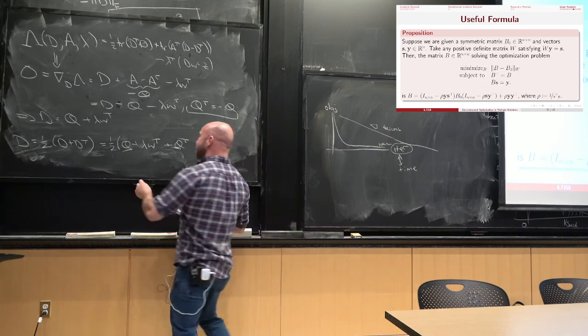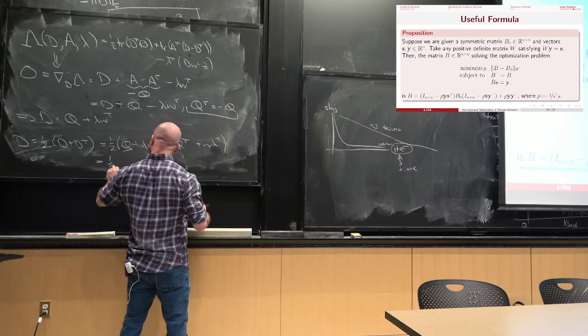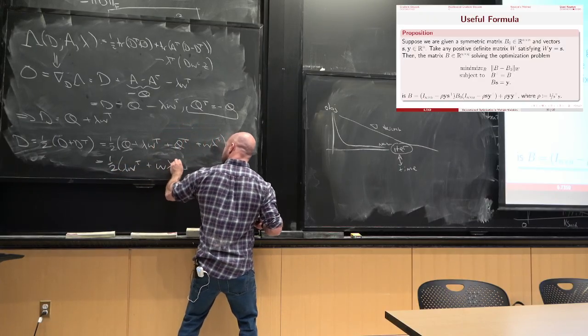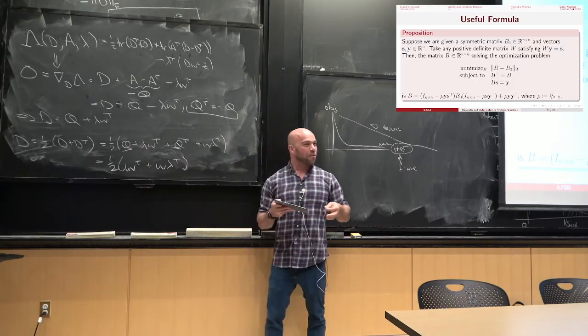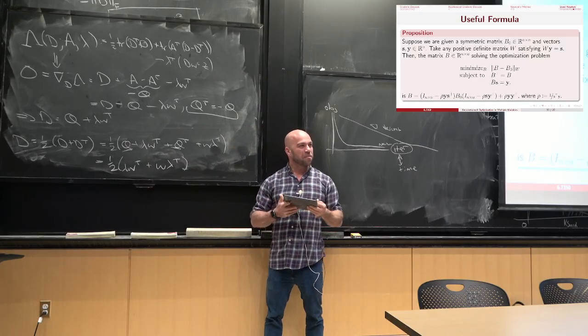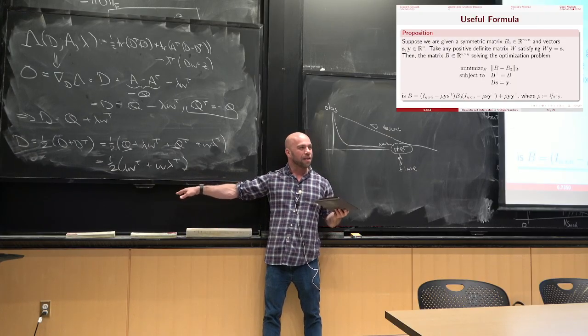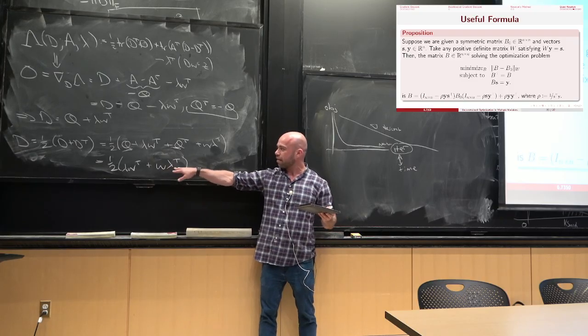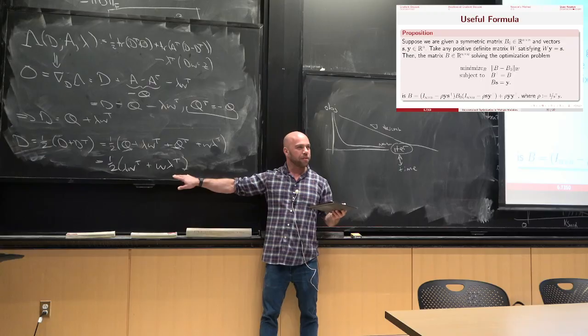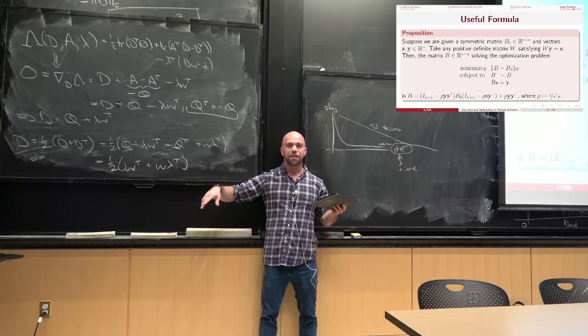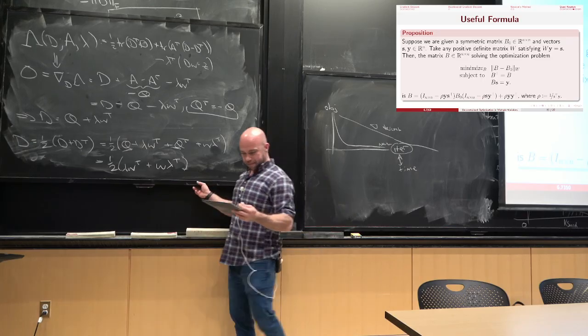So in particular, this is equal to 1/2 lambda W transpose plus W lambda transpose. And this is a really nice formula. Do you see that? In particular, we've shown that D is rank 2 at most, and moreover, we've basically exposed D in terms of relatively few unknowns. Any questions so far?